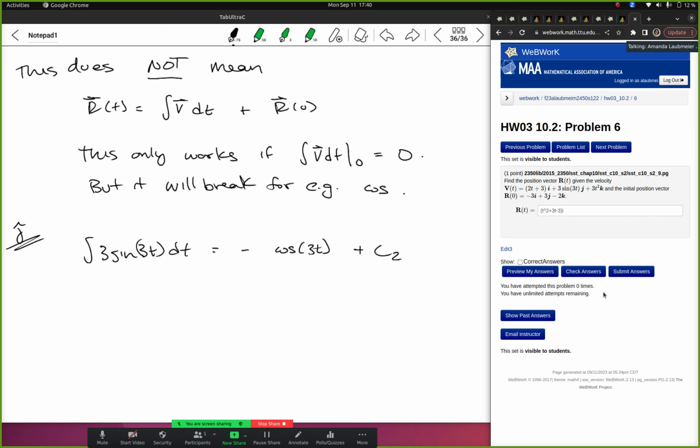I guess I'll call that C2. So when I evaluate it at 0, I get negative cosine of 3 times 0 plus C2, which is just negative 1 plus C2. But I also know r of 0, sorry, all this is about j hat, just so you know. But I also know r of 0 should be 3 there.